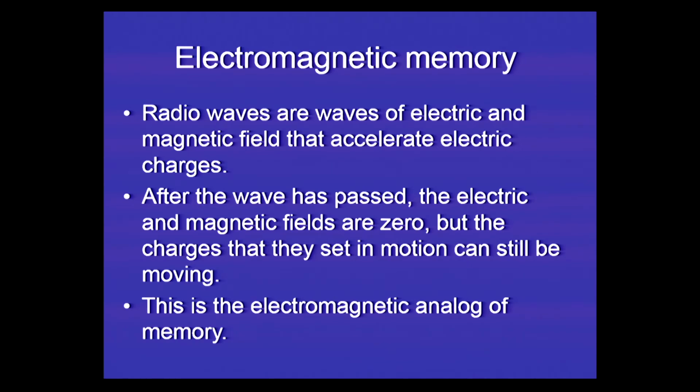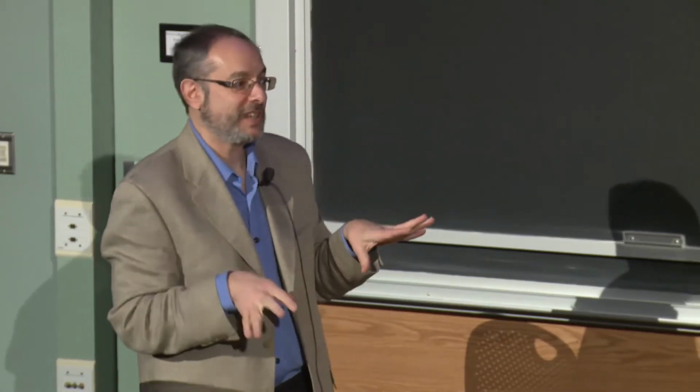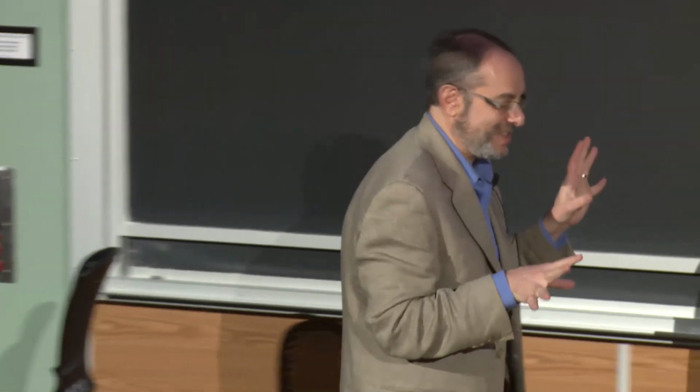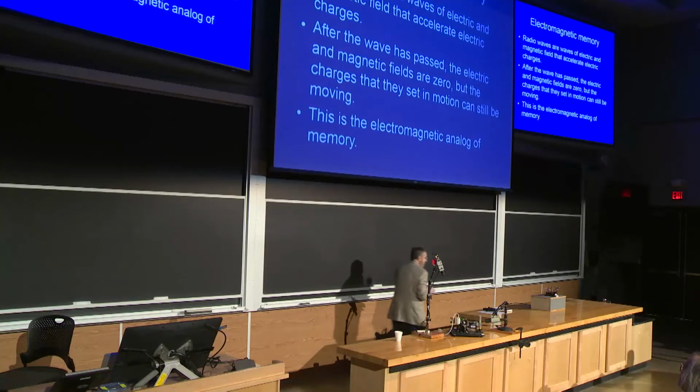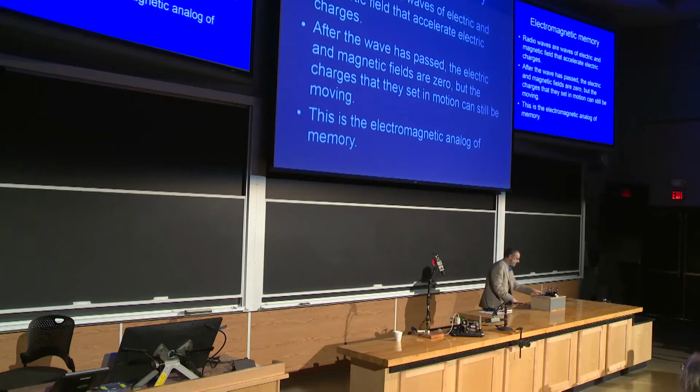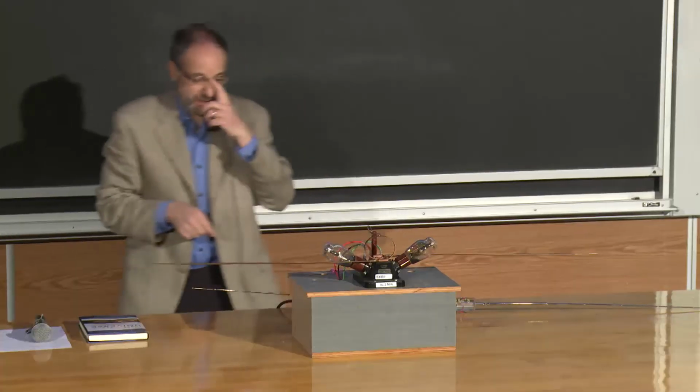And I want to talk about something called electromagnetic memory. It's basically something that has the character of gravitational wave memory, but is just a property of plain old ordinary radio waves. So let's think about what's going on in this apparatus where we make radio waves here and we detect them here.